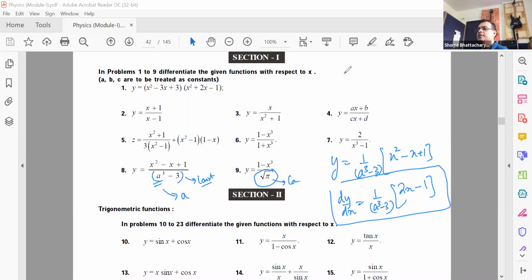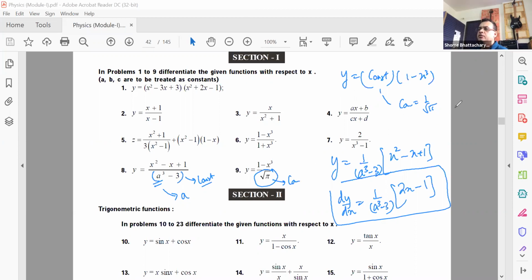Same with this also. This root pi is a constant. Okay. So in the 9th one, just treat the function as a constant multiplied with 1 minus x cube. And what is that constant equal to? That constant is equal to 1 by root pi. Is it clear, beta? Yes, sir. So the derivative of 1 minus x cube is minus 3x square.